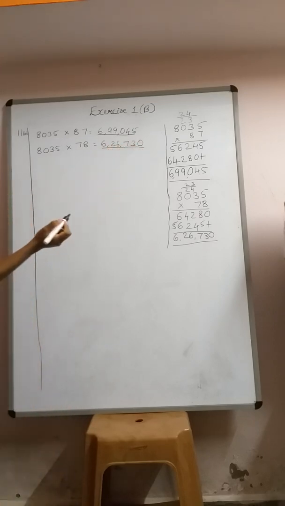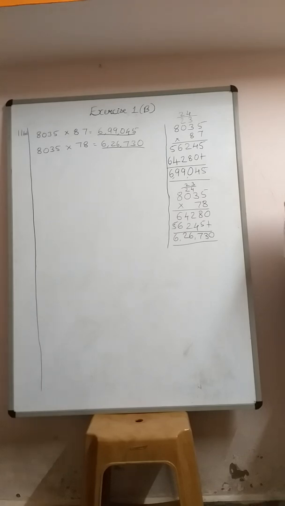Now, as we know the answers, let us see which is greatest, whether the number he multiplied with 87 or else the number he multiplied with 78.